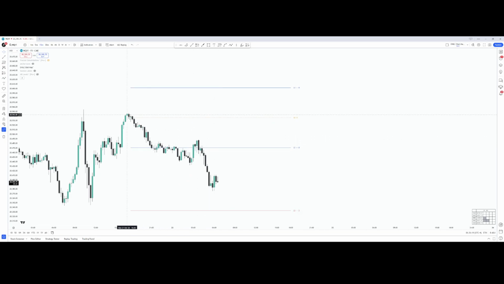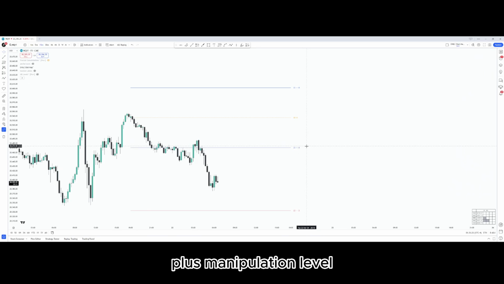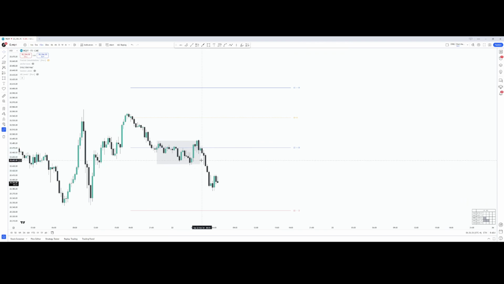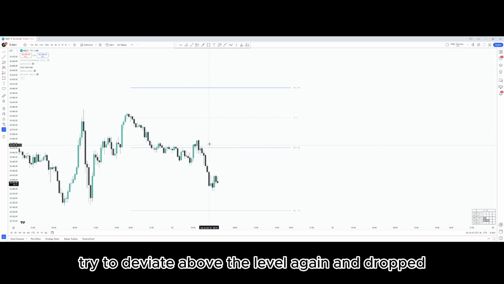Today price directly slipped below the plus manipulation level, and we held inside here for quite some time until we tried to deviate above the level again and dropped.